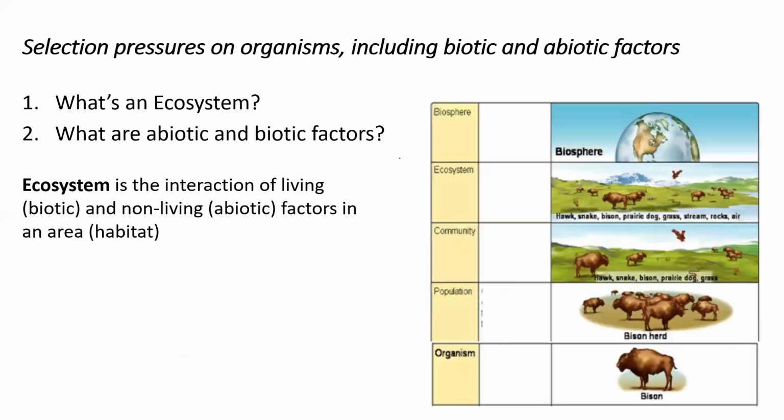Okay, so let's go back to this idea of biotic and abiotic factors today. An ecosystem is the interaction of living and non-living things in the environment. Now remember, this is part of that Bio 20 unit, populations and ecosystems, change in populations and ecosystems. So here is our population.